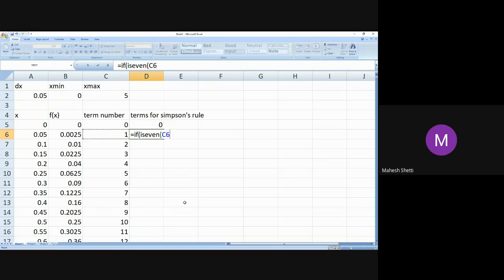I'm writing IF ISEVEN C6. If it is true, meaning an even number, then I want 2 times this particular term. And if it is odd, I want 4 times this particular number.